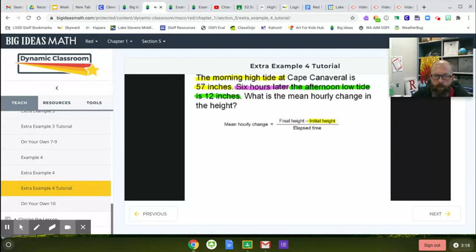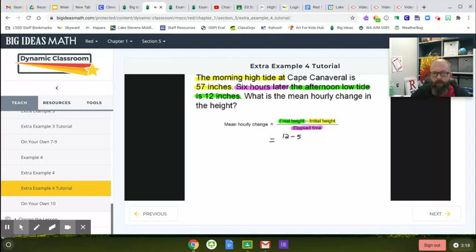Now you can write a numerical expression to find the mean hourly change. So you have the final height, which is 12 inches, minus the initial height, which is 57 inches, all divided by the elapsed time, which is 6 hours.